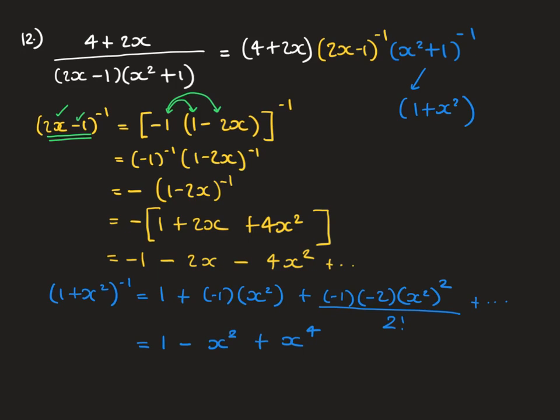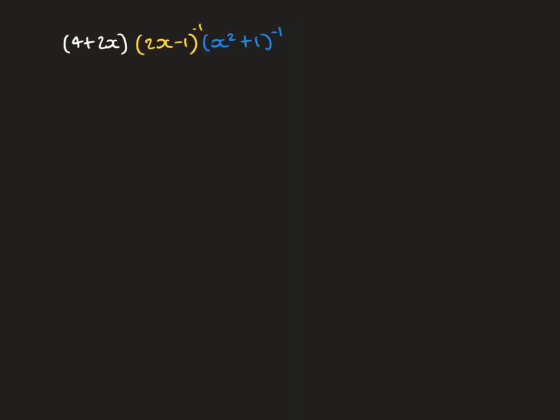I'm then going to go right back up to here, and I'm going to multiply these three things together, remembering I've got three brackets to expand, so there's more work to be done here than normal. So 4 plus 2x, of course, remains the same. Now we have three terms for the expansion of 2x minus 1 to the negative 1, which is negative 1 minus 2x minus 4x squared.